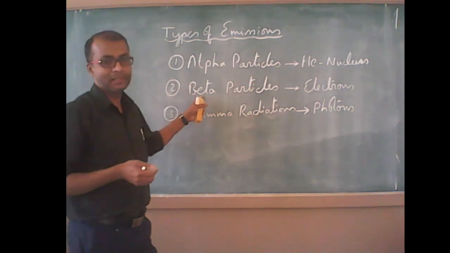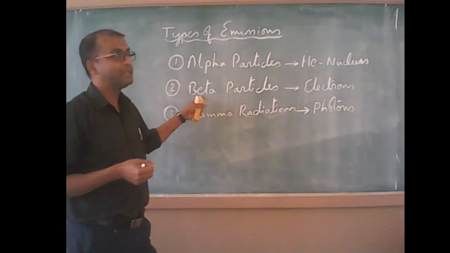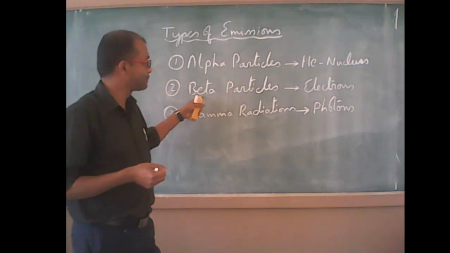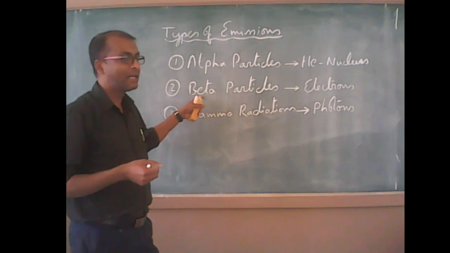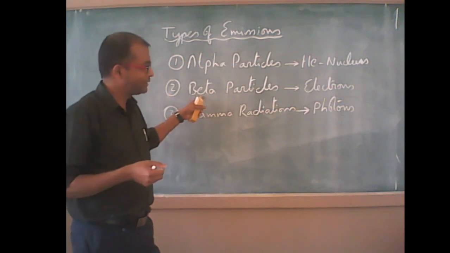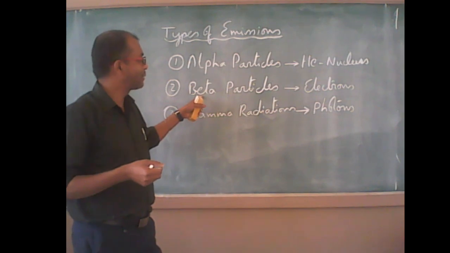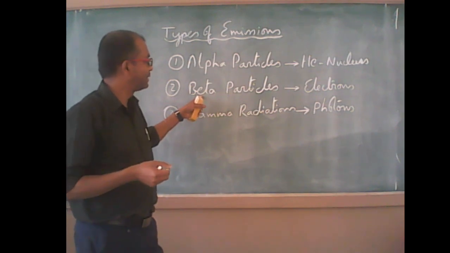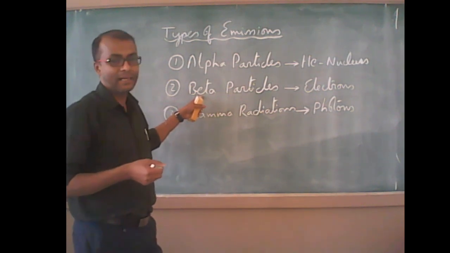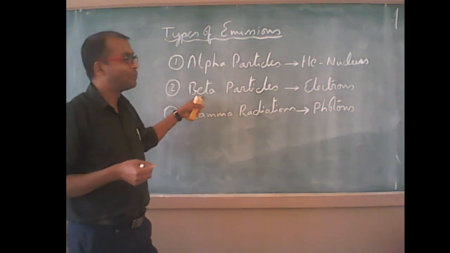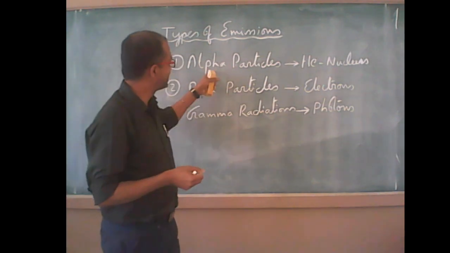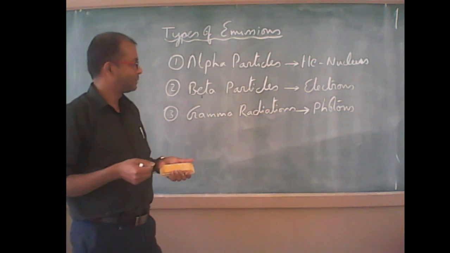And these beta particles, as I told you, are negatively charged electrons. Compared to the alpha particles, they are very, very tiny. As a result, their penetration power is more, but the amount of ionization they can cause as they pass through a gas is less than that of the alpha particles.